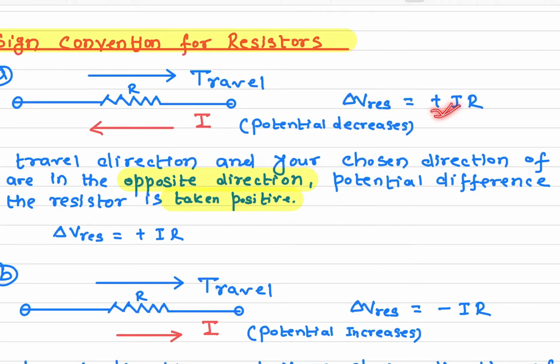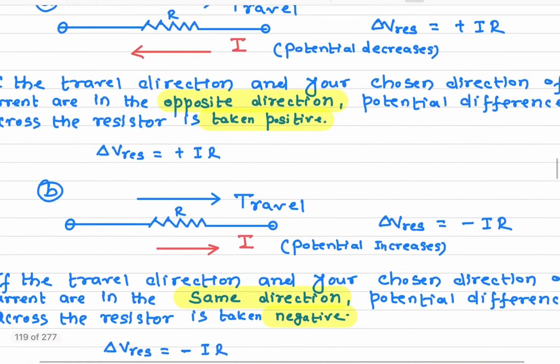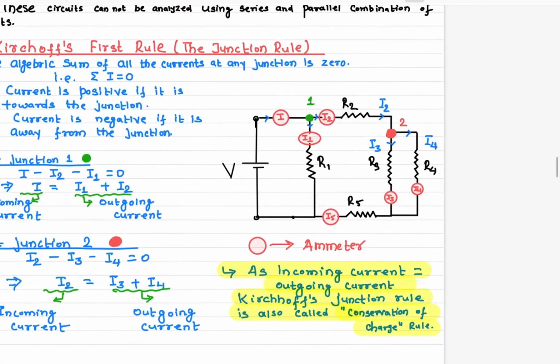So this is positive. And if the travel direction and the current direction are in the same direction, then the potential drop across the resistor is considered negative. If you follow these two rules, Kirchhoff's first rule and second rule, you should be able to solve almost any kind of complicated problem at this level.